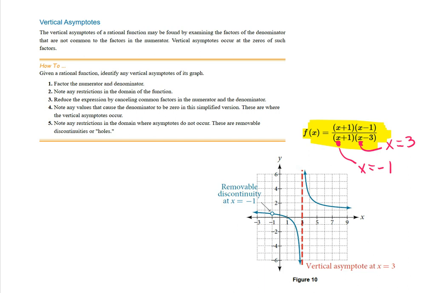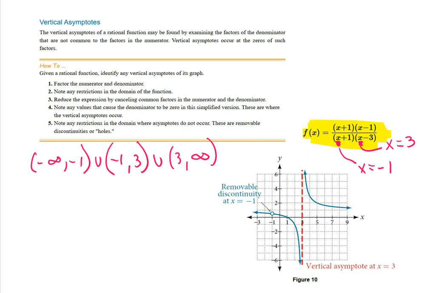So if you were asked to write the domain, I would say it's negative infinity up to -1, not including it, unioned with -1 to 3, not including it, unioned with 3 to infinity.